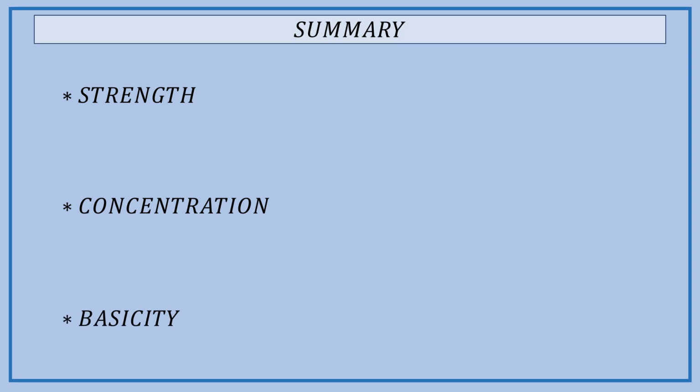Now, before moving further, let us summarize what we have learned so far, and this knowledge will also help us in understanding or approaching the calculation more effectively. So, we can now conclude that to calculate the pH of an acid, we require three basic pieces of information about the acid, which is its strength, whether it is a strong acid or a weak acid.